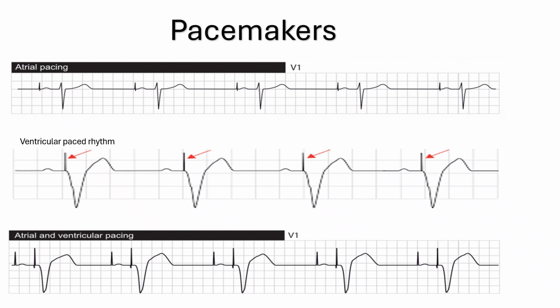Now, some patients are going to require ventricular pacing, and that's going to be when they are experiencing a problem within that ventricular conduction. So you will see the pacemaker spike before the QRS. And some patients are going to be atrial and ventricular paced. That's called dual paced. You will see the pacemaker spike before the P wave and before the QRS.